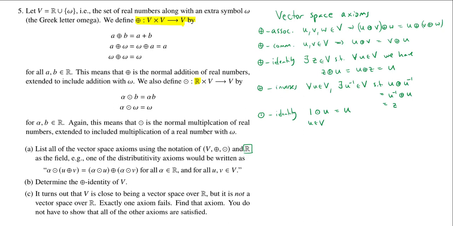And it turns out that in terms of just using these scalars, there's only going to be 2, so we just need one more. The other one is our scalar associativity. What does that say?